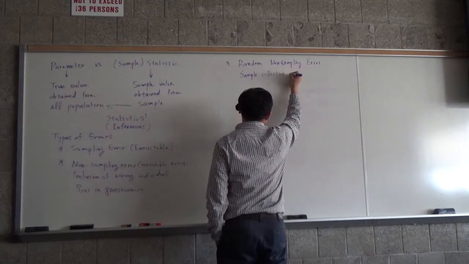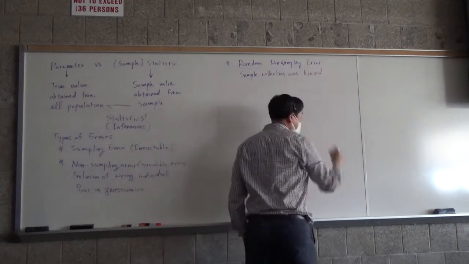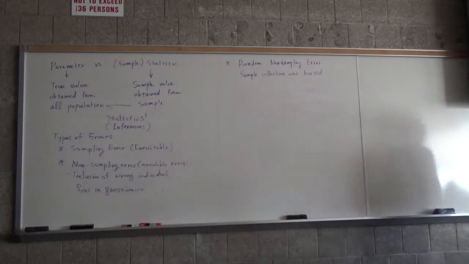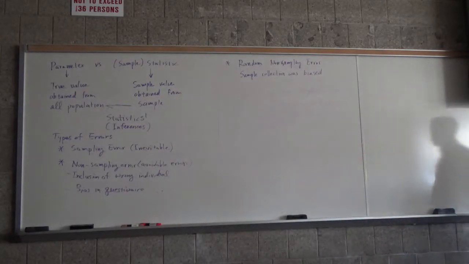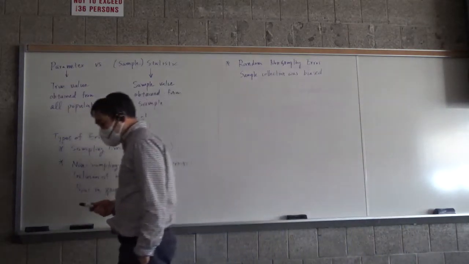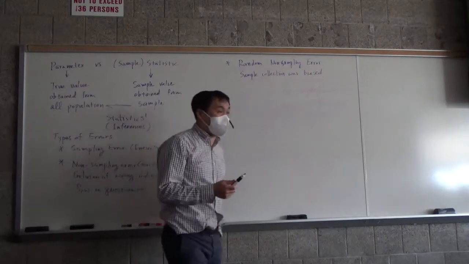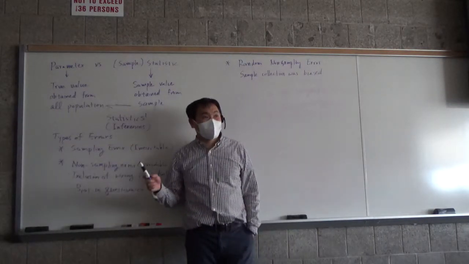Okay, that's when your sample collection was biased. Now, when can such a thing happen? Well, let's say you're trying to figure out the average height of male maritime students.